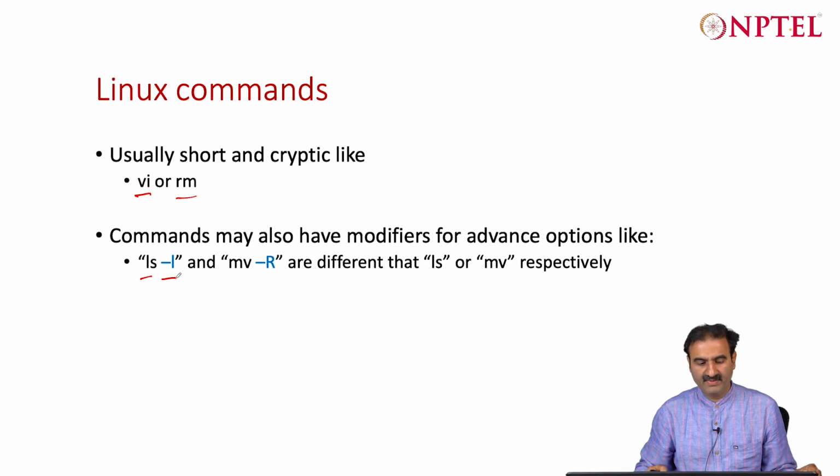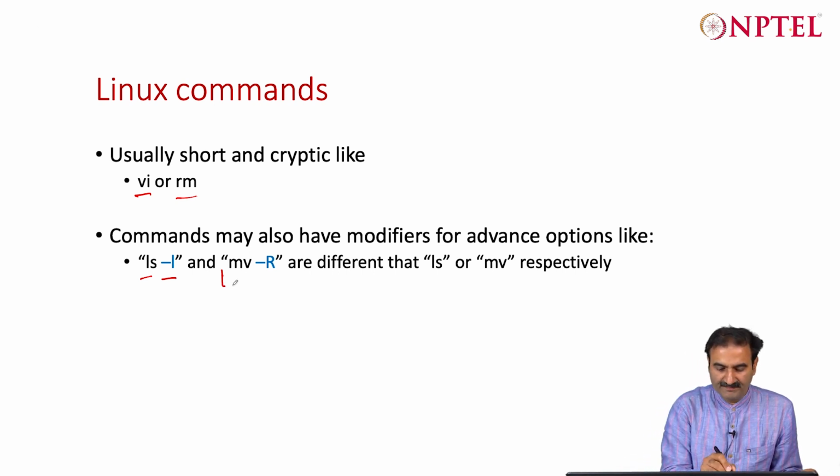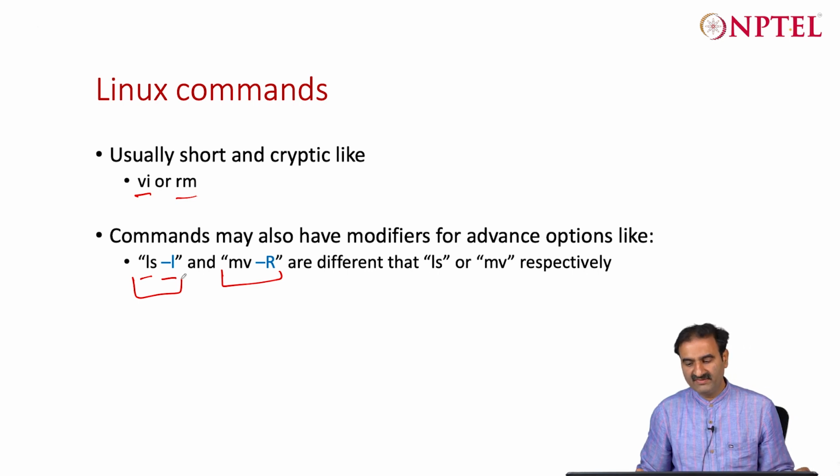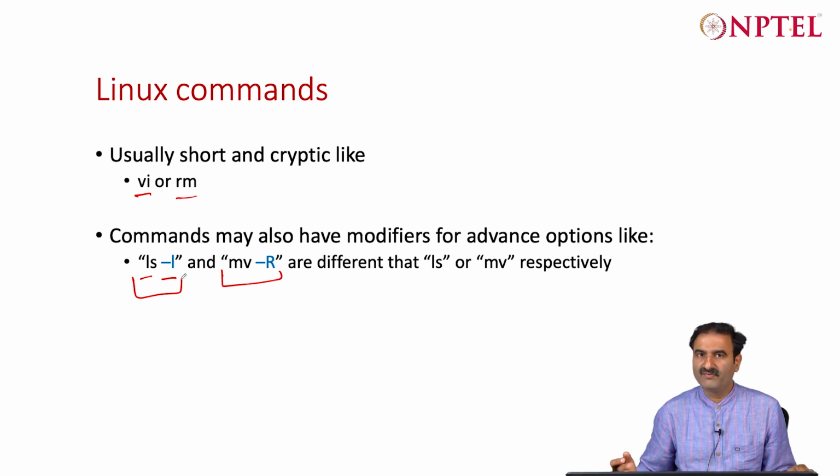We will see that later, but you should note that the colors are just for convenience. Or mv -r, okay, or ls -l. These are the additional qualifiers or modifiers that you can use along with the commands, for which more information is available in the manual, the man pages.